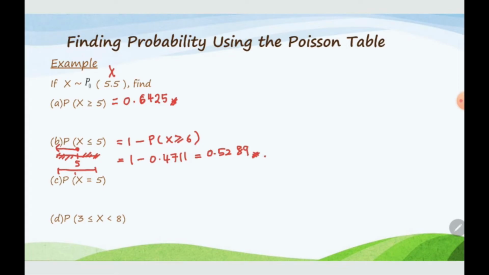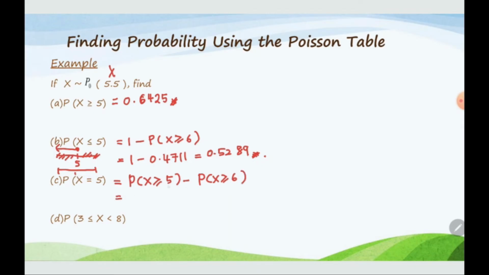And then when we want to use the table to calculate P(X = 5), it means we have to take P(X ≥ 5) minus P(X ≥ 6).